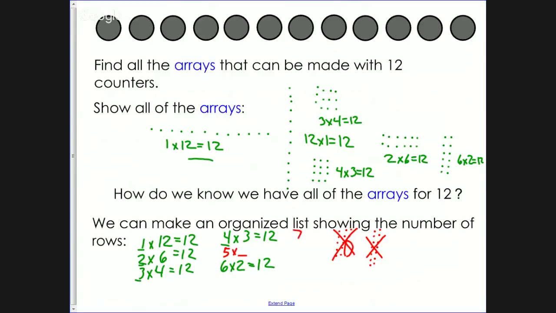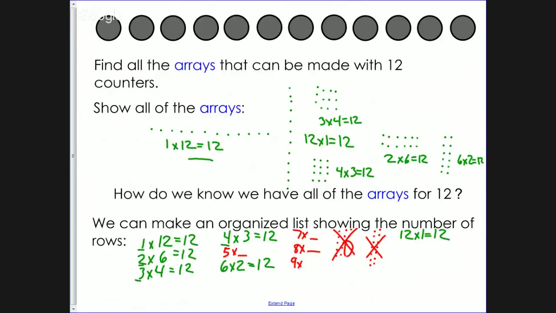So I cannot have 7 times anything equaling 12. 8 plus 8, if I tried 8, that would not work. 9 plus 9 would be 18. That would not work. 10 plus 10 would be 20. That wouldn't work. 11 plus 11 would be 22. So that wouldn't work. But we can have 12 times 1. That would be our last multiplication statement that would equal 12.